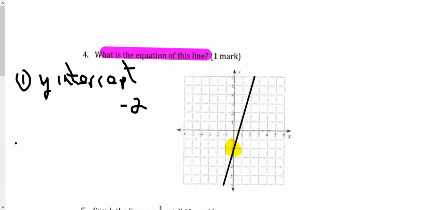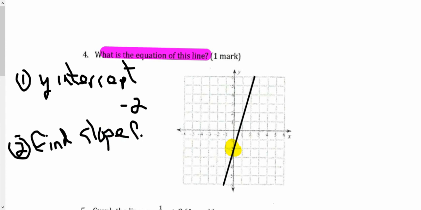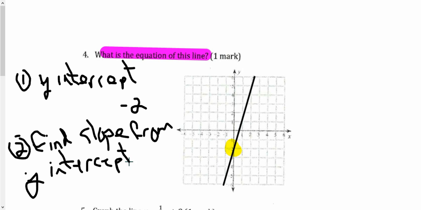Well, what do I do next? Well, next, I want to find my slope. So I want to find slope from my y-intercept. Now, what does that mean? Well, that means I want to find where it crosses through the next intersection. The next intersection is basically where it crosses right through the streets, I guess, and not partway in between.